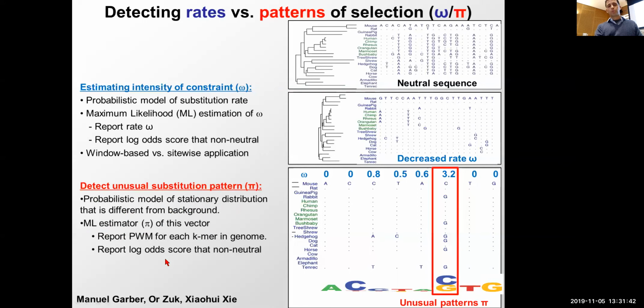Okay, so you can then report the log score that that vector is non-neutral. And here you can see that this A is very strongly conserved, and then this C or G is perfectly fitting. And then you will notice that, in fact, this is a motif for a transcription factor. So in fact, what is happening here is that evolution is preserving that pattern that matches your motif. Everybody with me here?